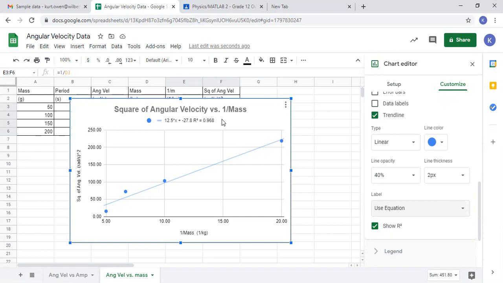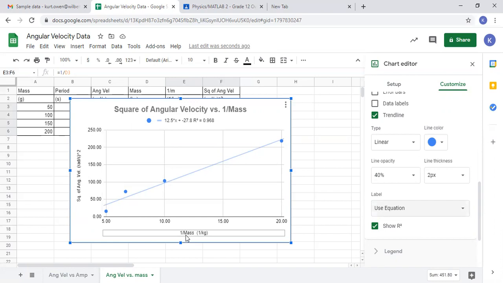Okay. So you can see that this is fairly linear. We only have 4 data points here, so it's hard to see. The linear correlation may not be so high, because of the way I adjusted these points slightly, but there seems to be a little bit of an up and down. But in general, it's not just sort of a random scattering. We definitely have a trend that follows this line that I have here, and it's a pretty linear trend, which is indicative that the square of the angular velocity is, I should say, related to 1 over the mass.